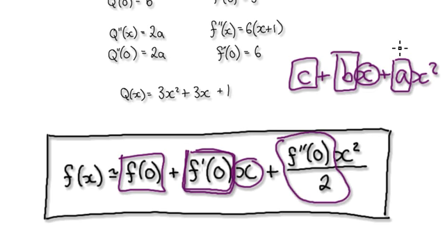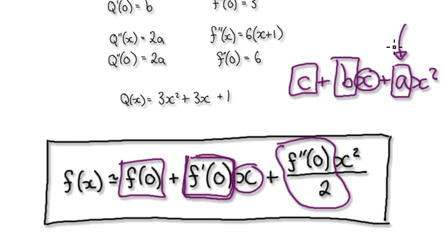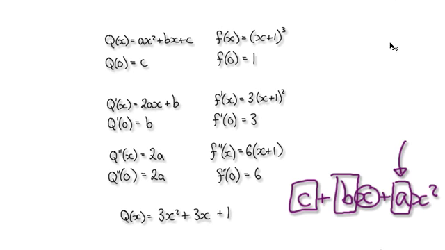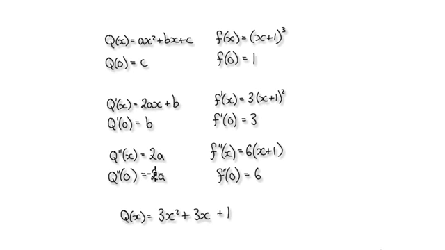Okay, so if you look at a, whenever we try and solve for a, it always leads us to this thing here, f double prime of 0. But then to get a, we have to get rid of this 2 here.